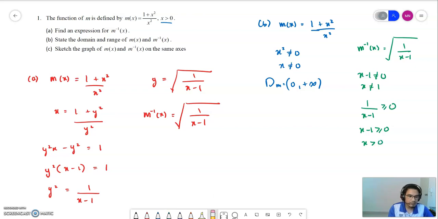Sorry, since the x minus 1 is at the denominator, it cannot be equal to 0. It must be bigger than 0. So then we have x is bigger than 1.